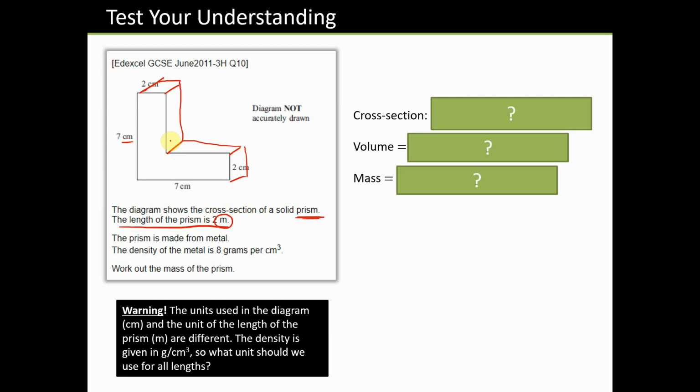So this length here wouldn't just be 2, this would actually be 200 centimeters. So what you want to do is find the area of this front face, probably by splitting it into two rectangles, finding the area of this first, then finding the area of that, adding them together, then you want to times it by 200, that'll get you the volume. Okay, so hopefully that's giving you a bit of a start on this, and then I will go through it.